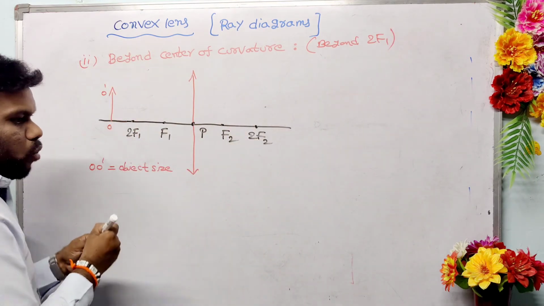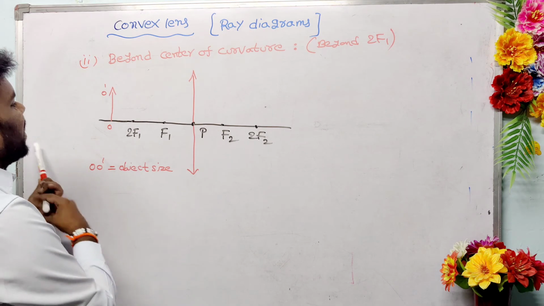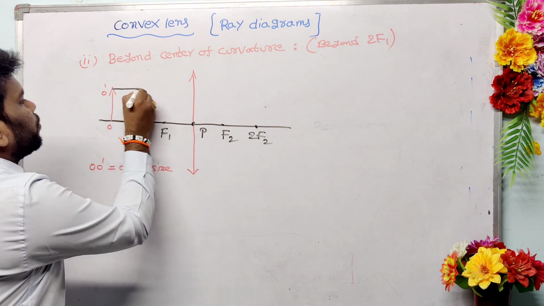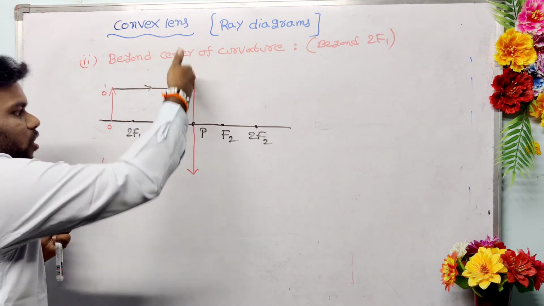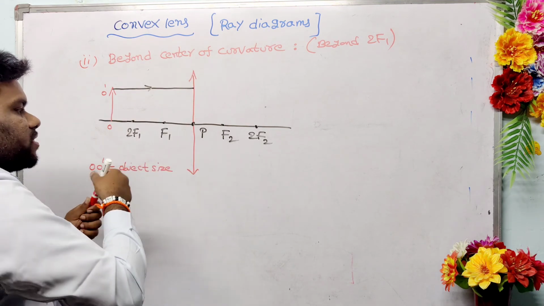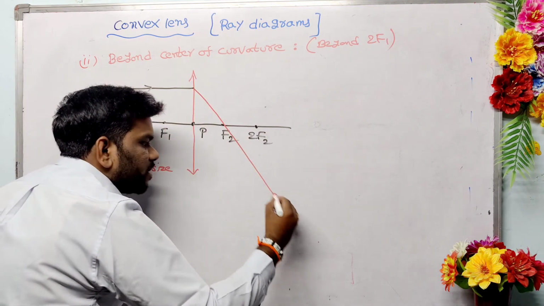Okay, ready, start. Rule number one. Light ray parallel to principal axis, incident on the convex lens. Then తర్వాత ఏం జరుగుతుంది? ఫోకస్ నుంచి బయటికి వస్తుంది.